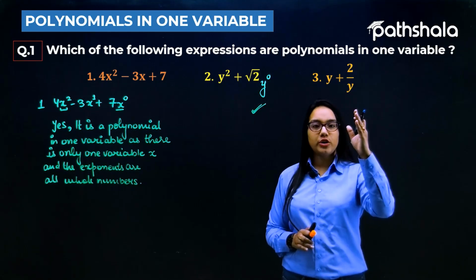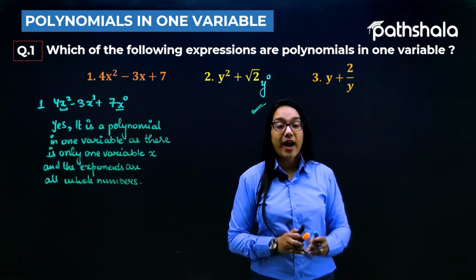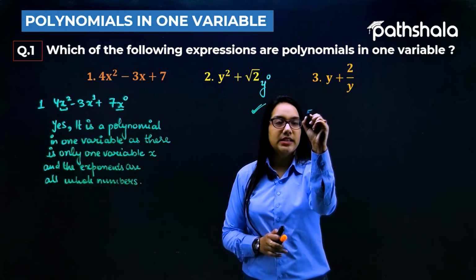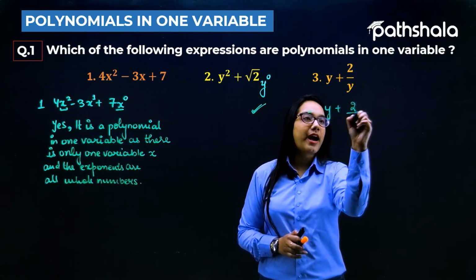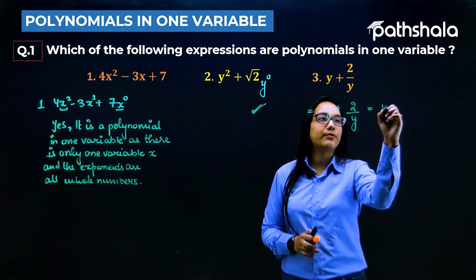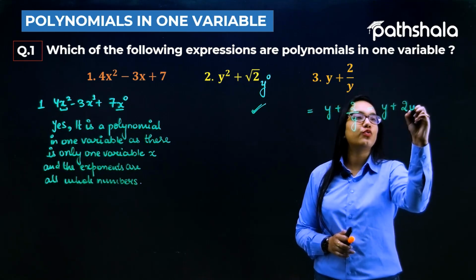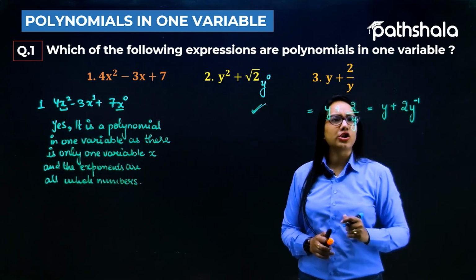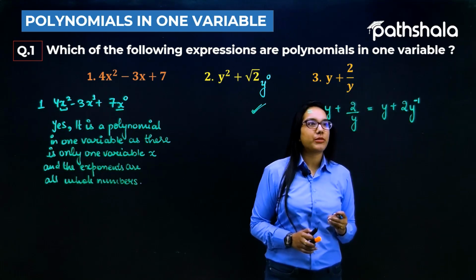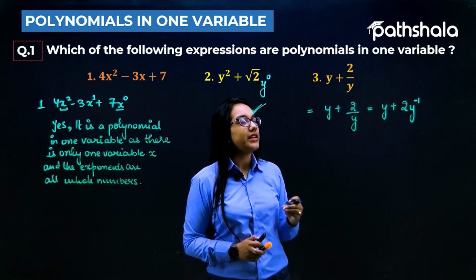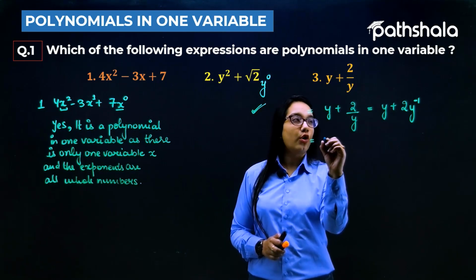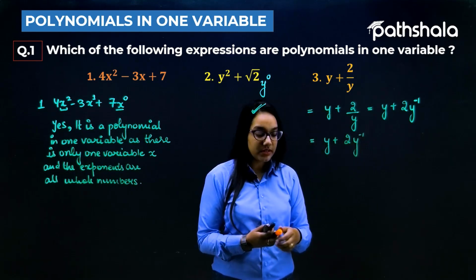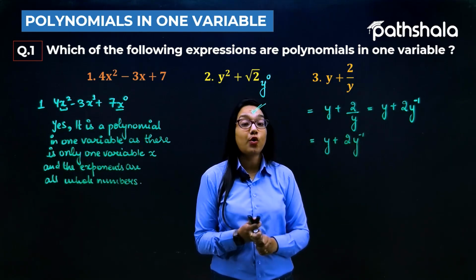Let's move on to the third part, y plus 2 by y. This can be written as y plus 2 times y raised to the power minus 1. Here we see that the powers of the variable are not all whole numbers.